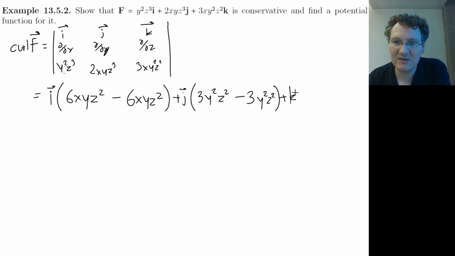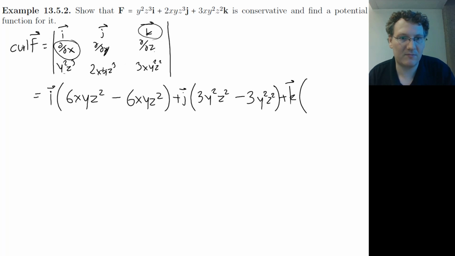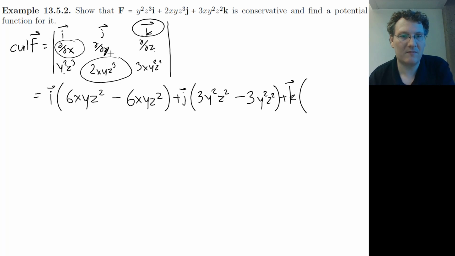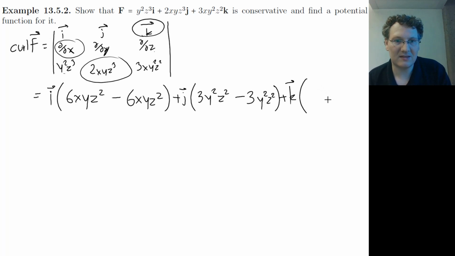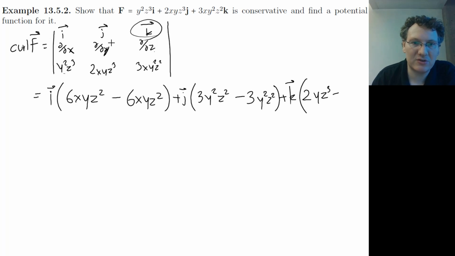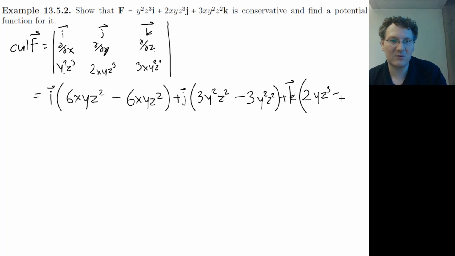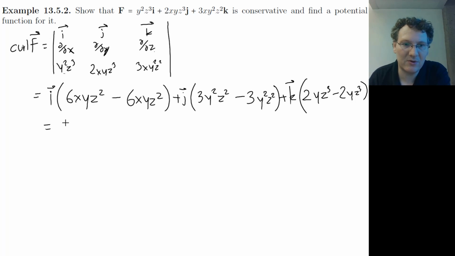Then we're going to have plus the k vector times the partial with respect to x of 2xyz to the third. That's just going to be 2yz to the third, minus the partial with respect to y of y squared z to the third. That's going to be 2yz to the third. This is just a big old 0, 0, 0.